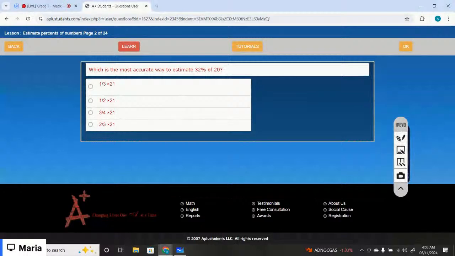Which is the most accurate way to estimate 32% of 20? So, which is the correct option?